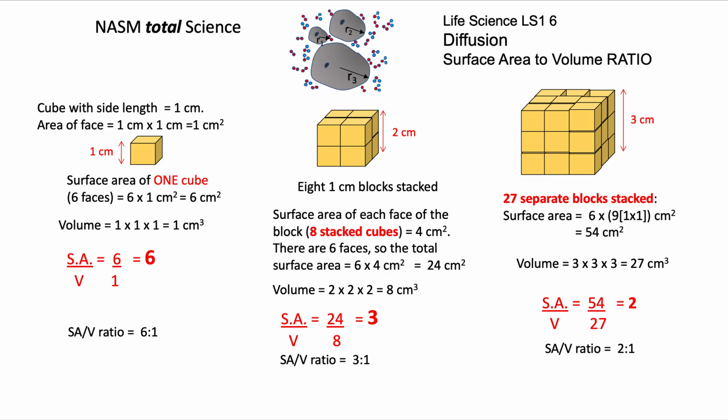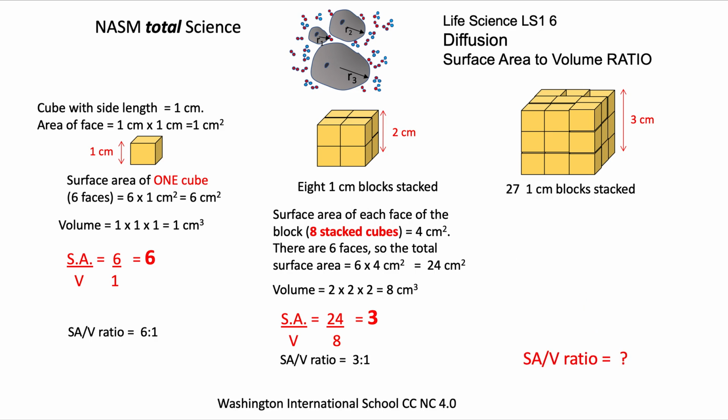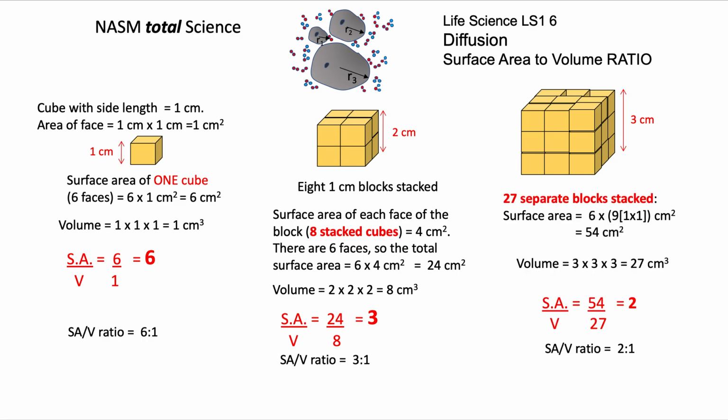And then go on to the third, where you've got 27 1 centimetre blocks stacked into a cube. Each side is 3 centimetres long. Work out the surface area to volume ratio, and you come up with 2:1. So for 1 centimetre, 6:1; 2 centimetres, 3:1; and 3 centimetre cube, 2:1.